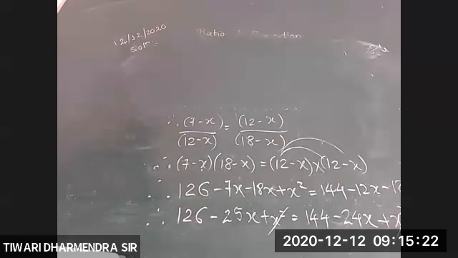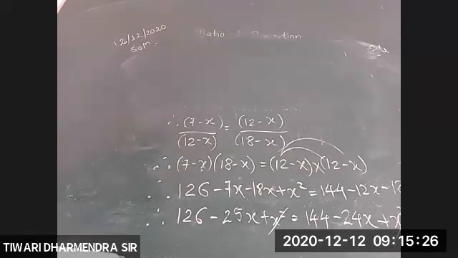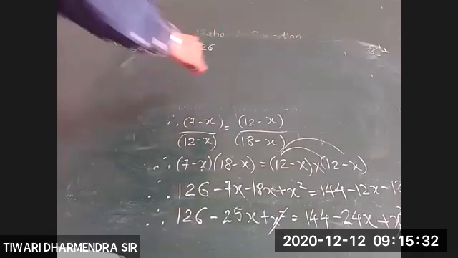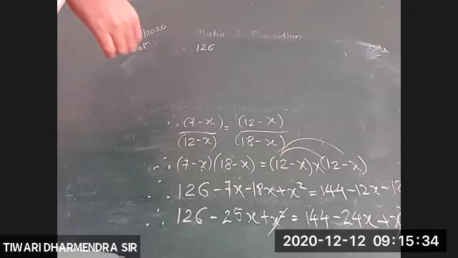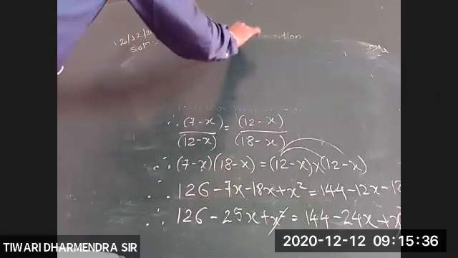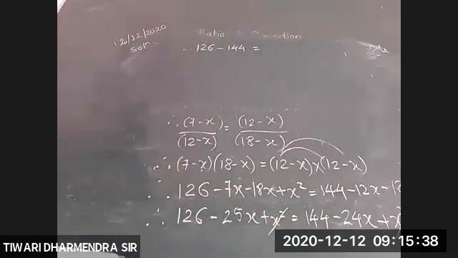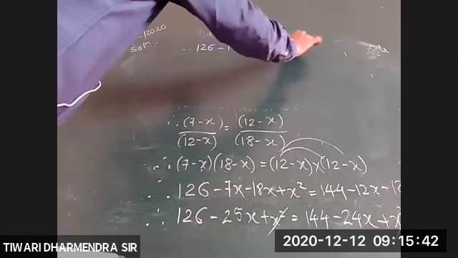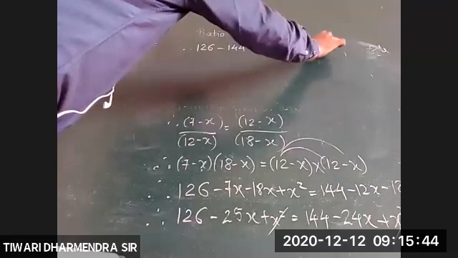Now we'll take the terms of x together and constant terms together. So what we can see is 126, I'm putting the constant term on the left hand side, minus 144 is equal to minus 24x plus 25x.